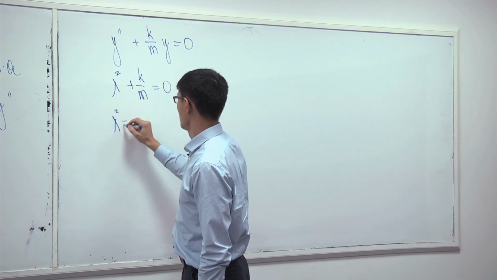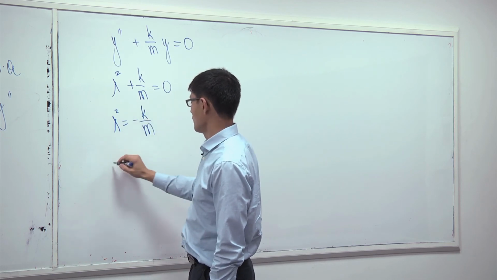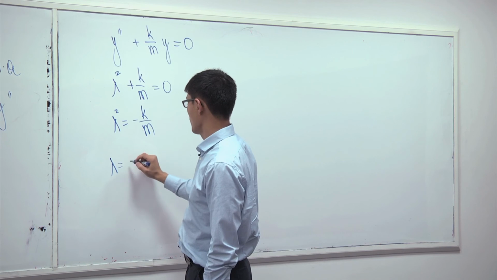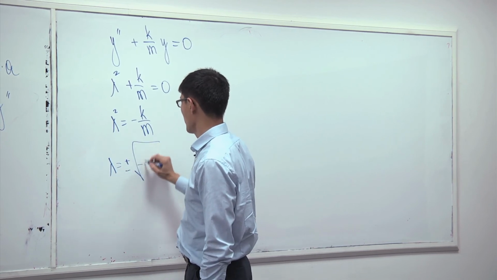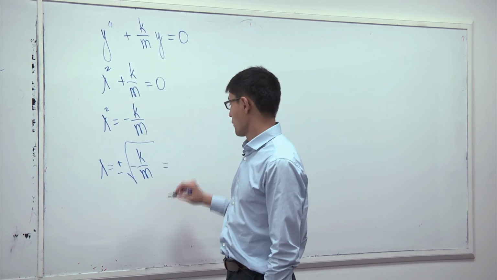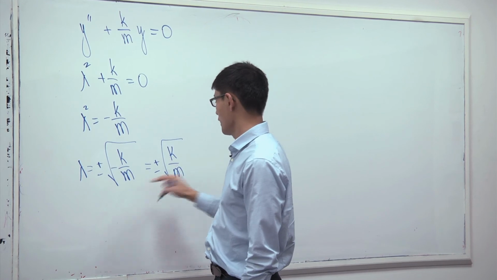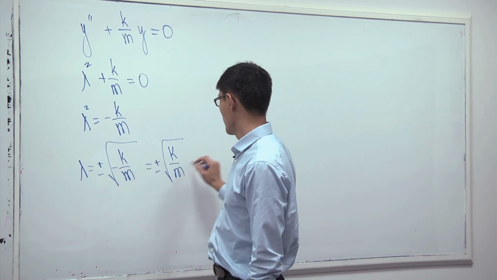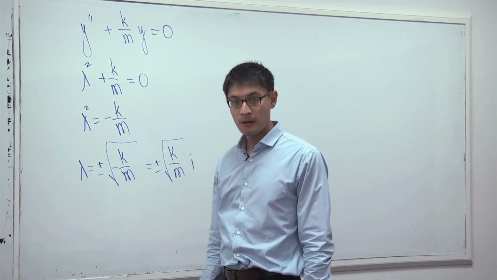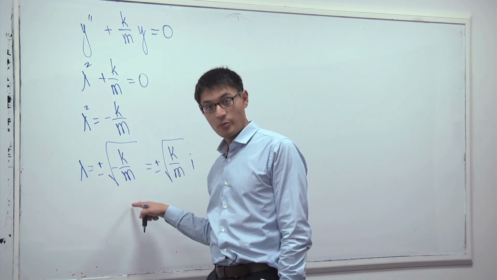So to solve it, I move negative k over m to the other side. Then I take square roots. I get plus minus square root of negative k over m, which I can write as plus minus square root of k over m. And if I take the negative from under the square root, it turns into i. So the solution of the quadratic equation is a complex number.